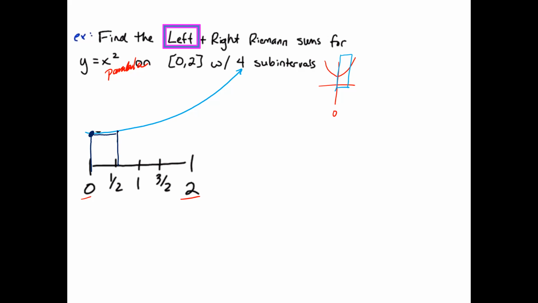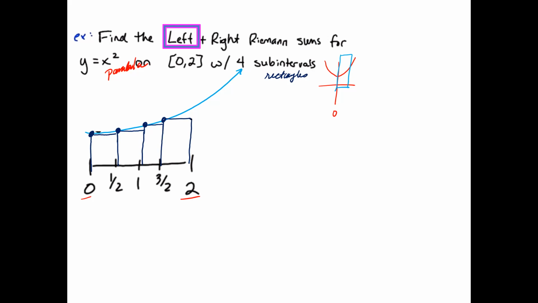Then again, you start from the left side at the curve of the parabola, straight across, second rectangle. Again, third rectangle, and it says with 4 sub-intervals, so what that means is you want 4 rectangles. There we go.